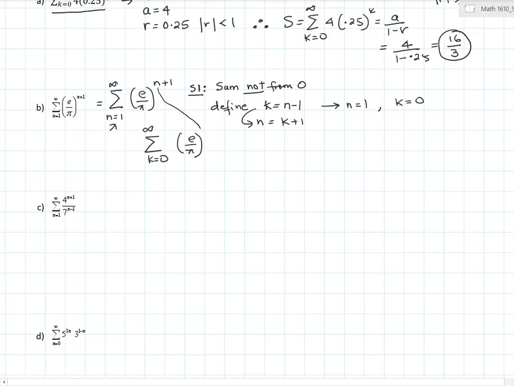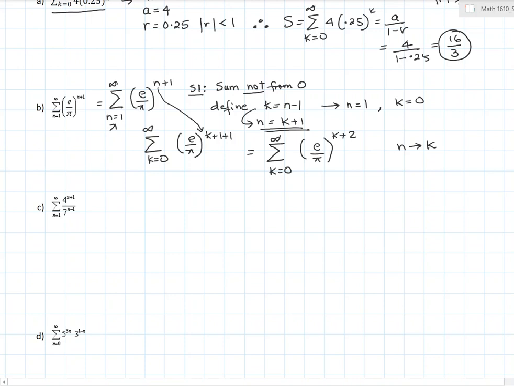Now when I see n, I'm going to write k plus 1, and then there's a plus 1. So this becomes series k starting from 0 to infinity of e over pi raised to the power k plus 2. So what we have really done is just move the index of summation from n to k, and k starts from 0, so that's what we wanted.